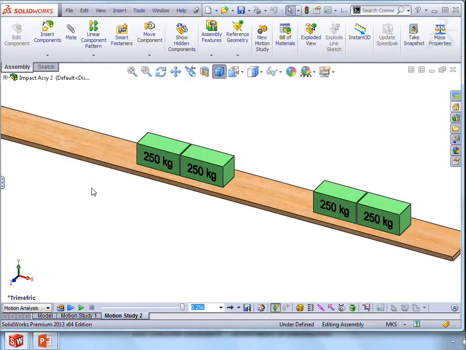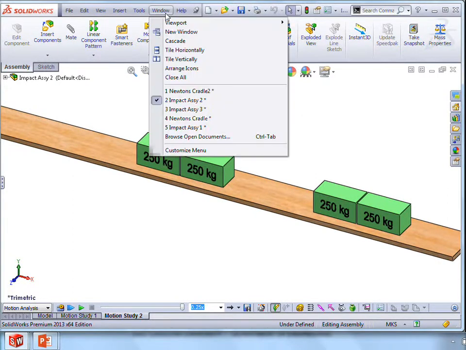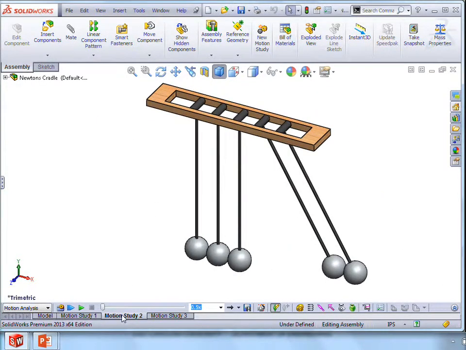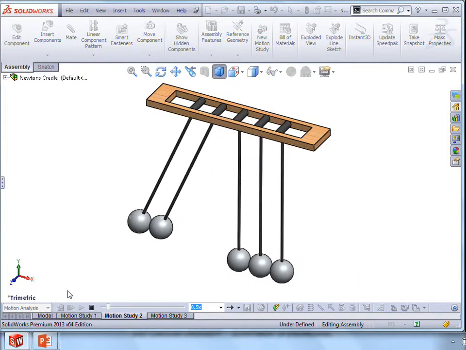So if we think of what that means for our Newton's Cradle, then what we would predict is that when we drop these two, they will make contact, and the two on the right will then fly out, and the one in the middle essentially will stay motionless.